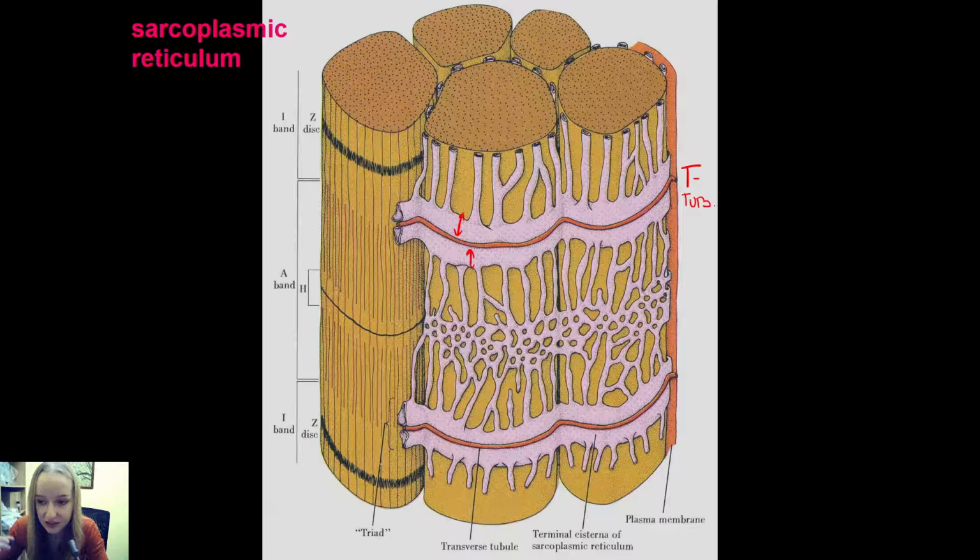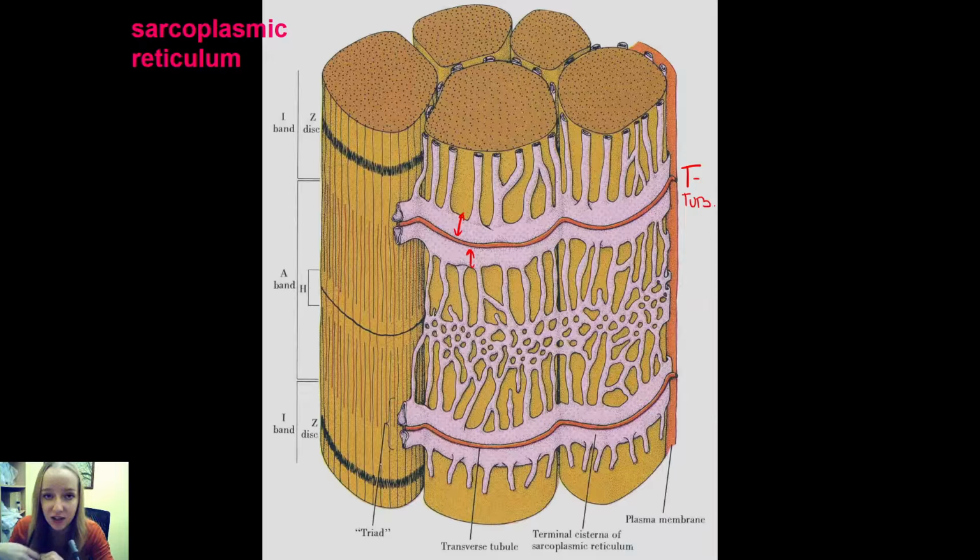The T tubule, the transverse tubule, is an invagination of the membrane that's around the muscle fiber, of the sarcolemma, of the plasma membrane. So imagine there is a plasma membrane around, which is making very, very deep invaginations.